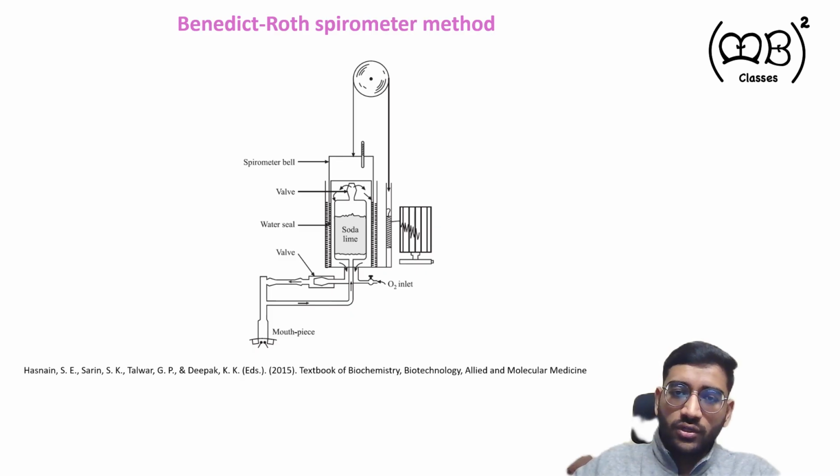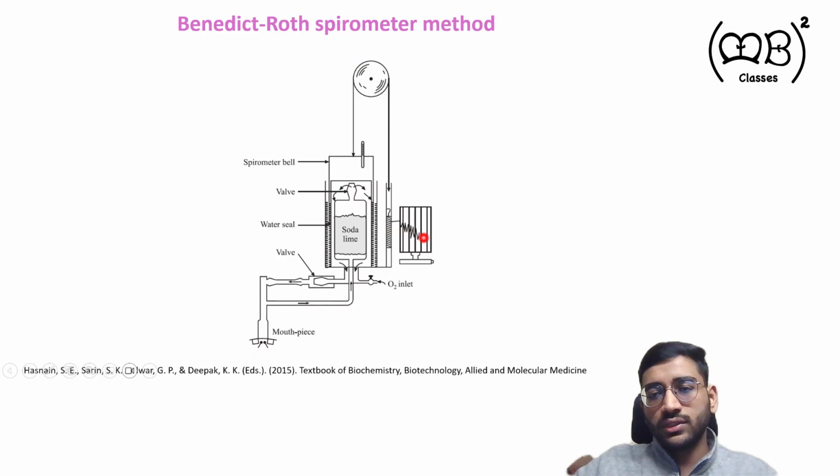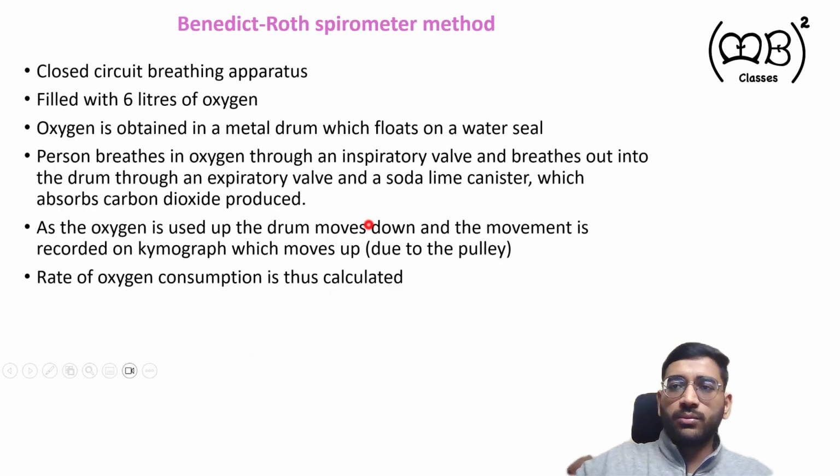So as soon as the oxygen is being consumed, this spirometer bell would go down, and this would cause the pulley to cause the lever to go up. So the oxygen consumption can be calculated from the slope of the graph which is being recorded, which we'll see in the further slides. But this is the basic spirometer which is present in all the physiology labs.